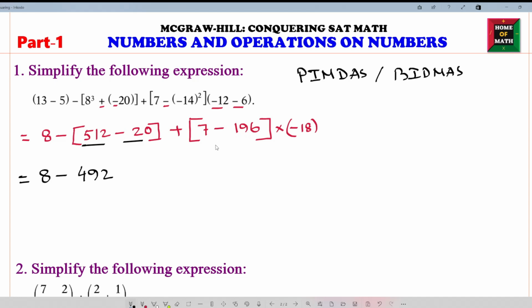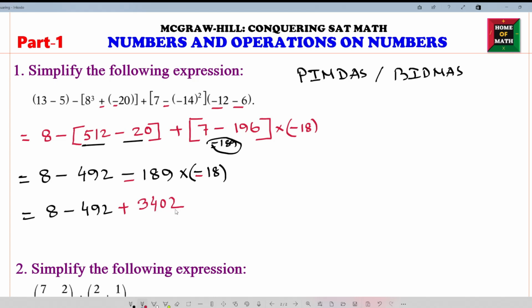This minus and this plus will become minus 189 times minus 18. Okay, so 8 minus 492, and here is minus 18 and here is minus 189. Once we multiply, it will become plus, and after multiplication it will be 3402.